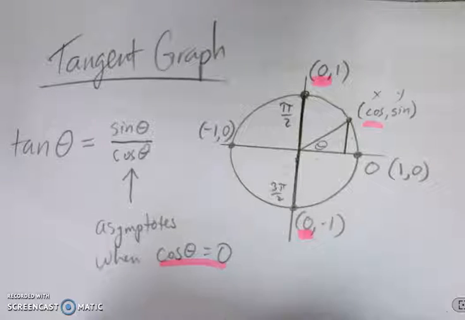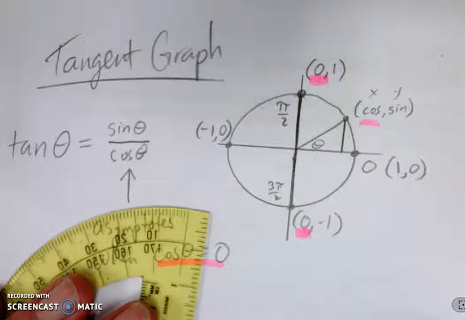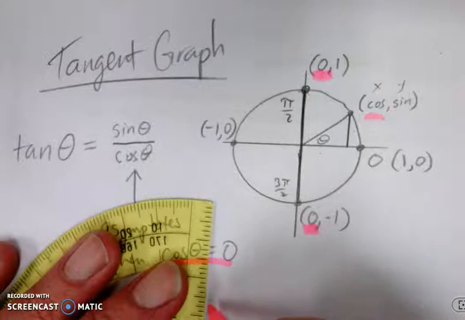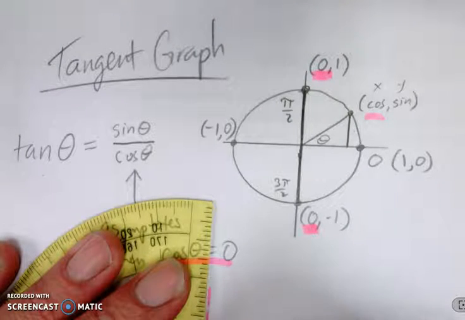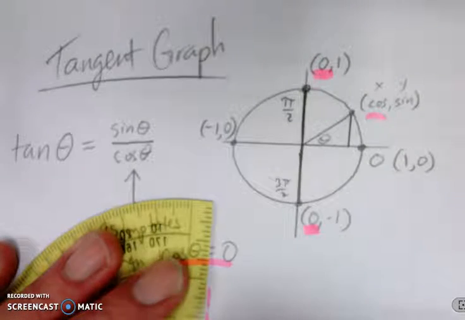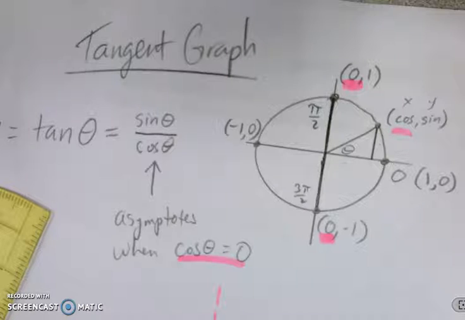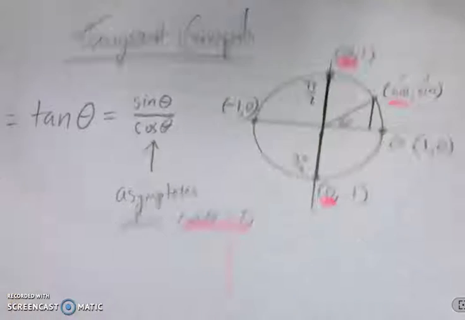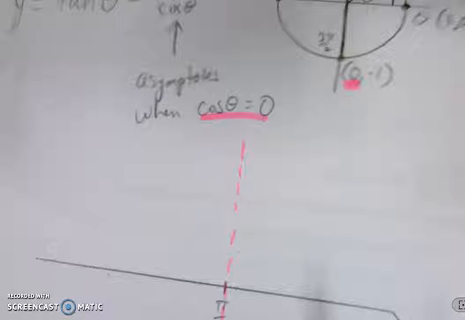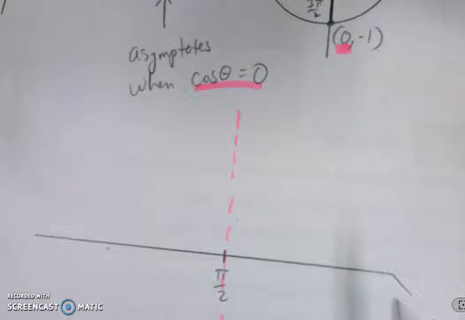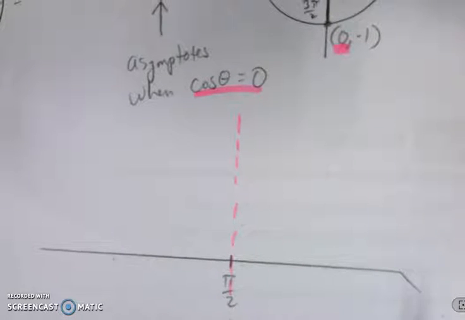That means for our graph, at pi over 2, we got a problem. It can't exist there. There's got to be an asymptote there. Sorry, I didn't realize you can't see that. There it is. There's our asymptote right at pi over 2.